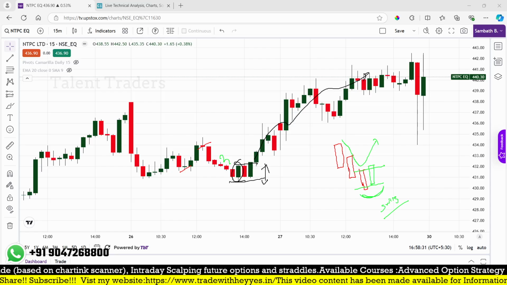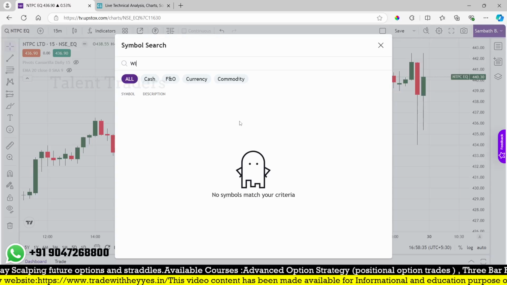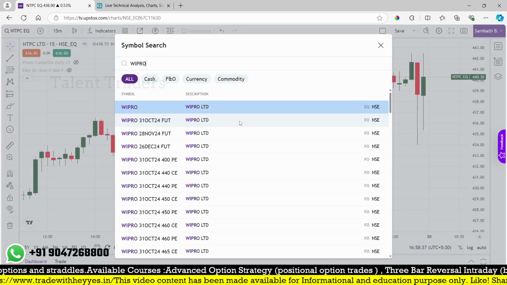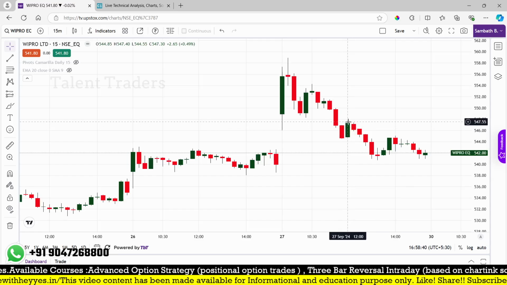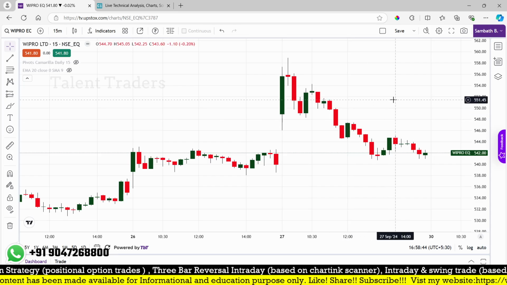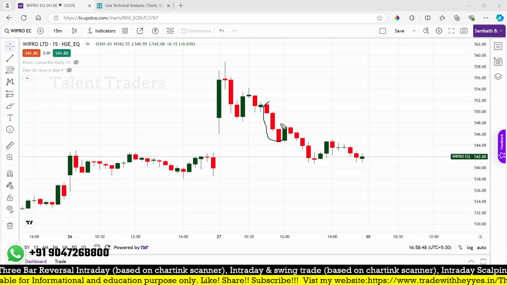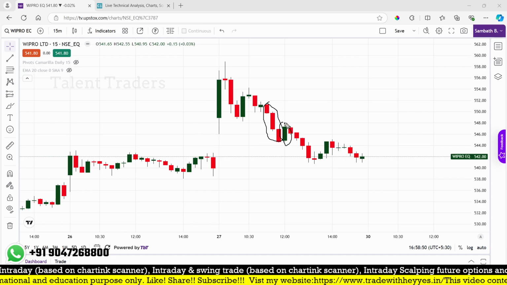Some stocks forming such a pattern today: I will look at Wipro and LTTS, which are forming such a pattern, but it doesn't break the level. Above this high we may try for an opportunity; below that low, the downtrend continues. For example, three consecutive bearish bars and the fourth one exactly bullish.